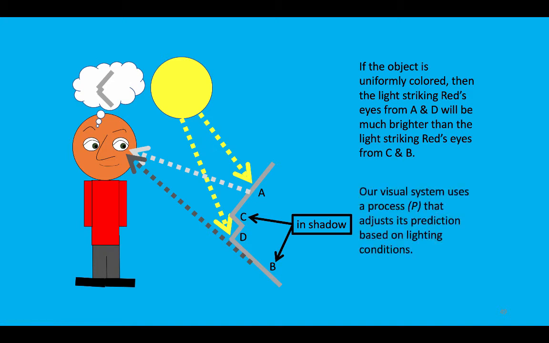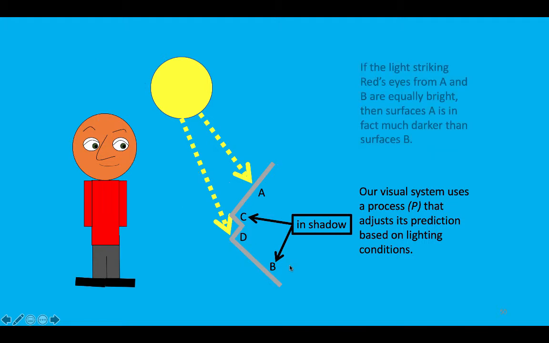And our visual system, in fact, does that. It adjusts its guess about what the object is like based on what it knows about lighting conditions, what it knows about full sun and shadow.